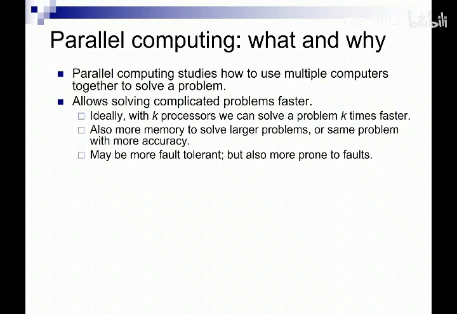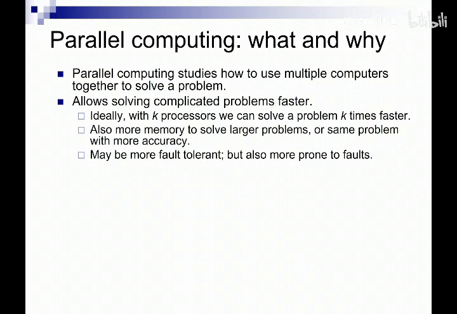If you have many computers, then altogether you have much more memory, and so you can do a much larger simulation. You can also think about doing the same size of simulation, but with more accuracy. Because you have more memory, you can look at the data in a more precise fashion, and you can solve the same problem with greater accuracy.